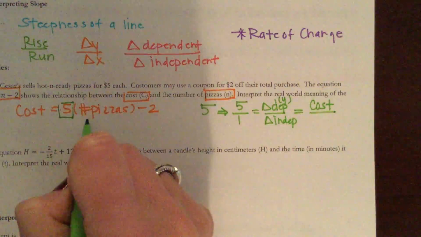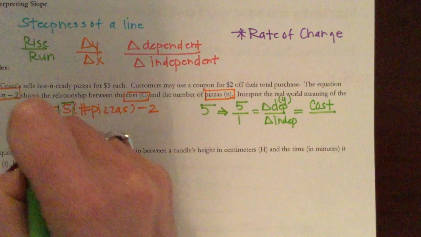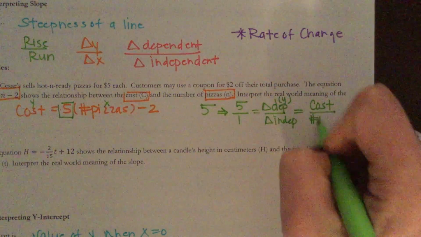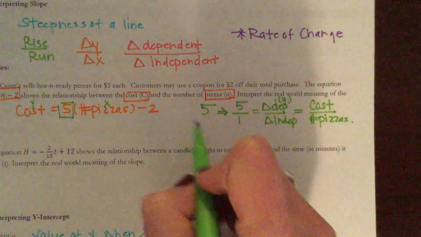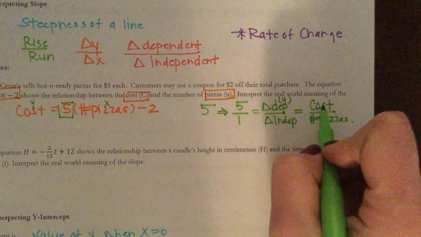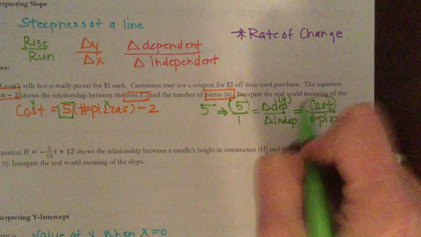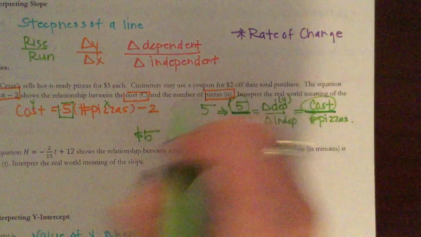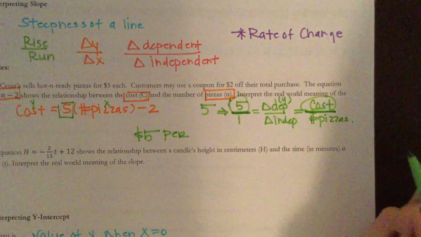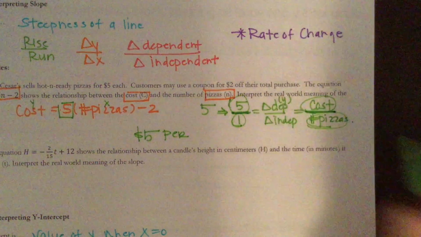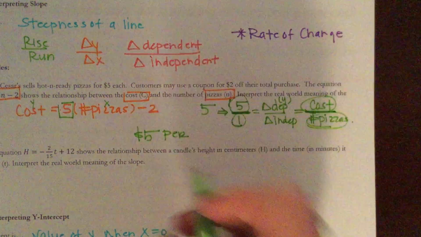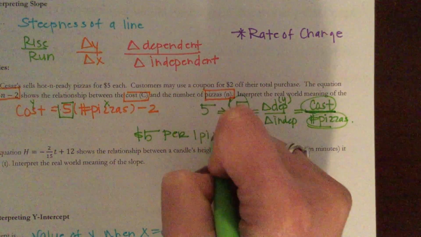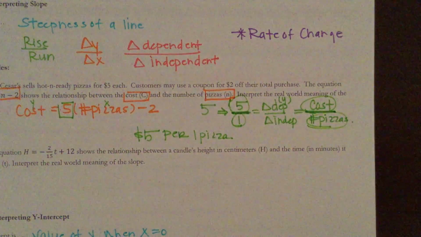Our independent variable, or our X, is the number of pizzas. So this slope of 5 means that it costs me $5. This line means per or for each, and this 1 means the number of pizzas. So it's $5 per one pizza.